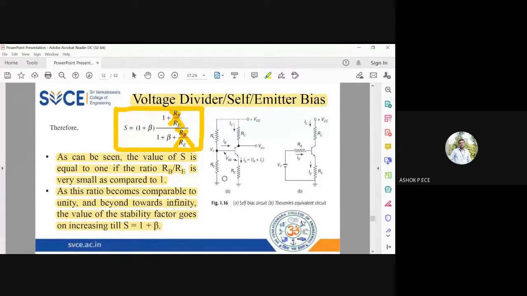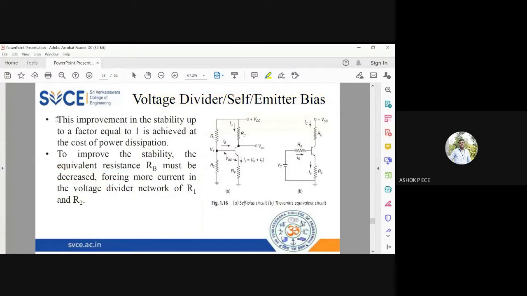So in the crucial design of voltage divider bias, the RB by RE ratio is going to gain significance because the design and the stability factor completely depend on the value of RB divided by RE. Please understand that. This improvement in stability factor up to a factor of 1 is achieved at the cost of power dissipation. No other circuit gives a stability factor of 1.